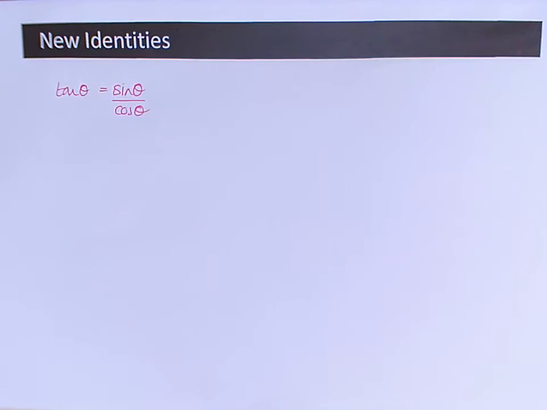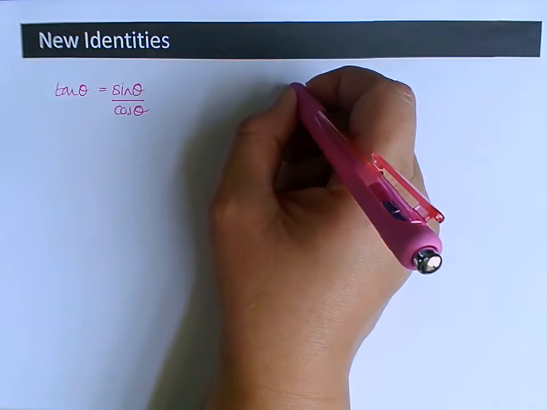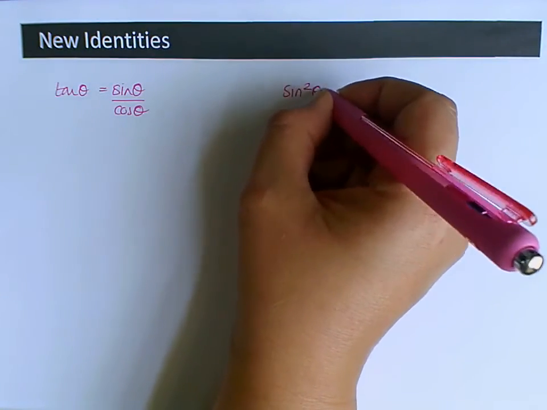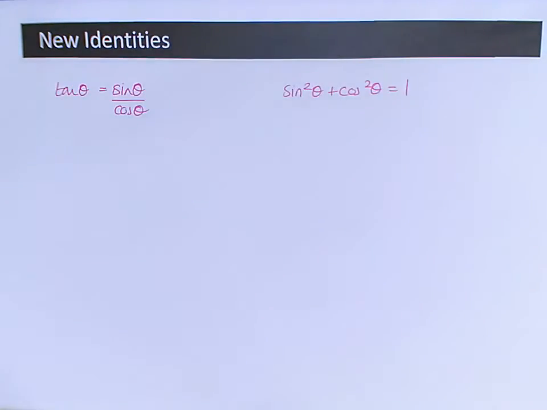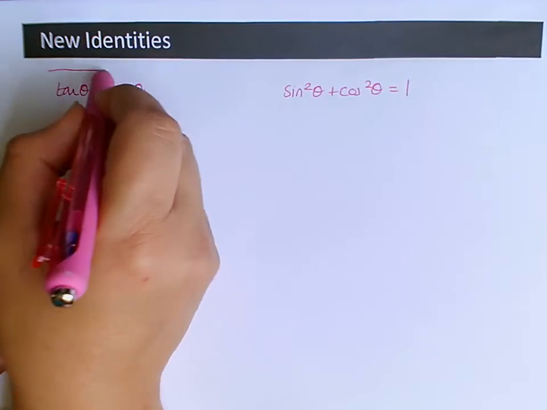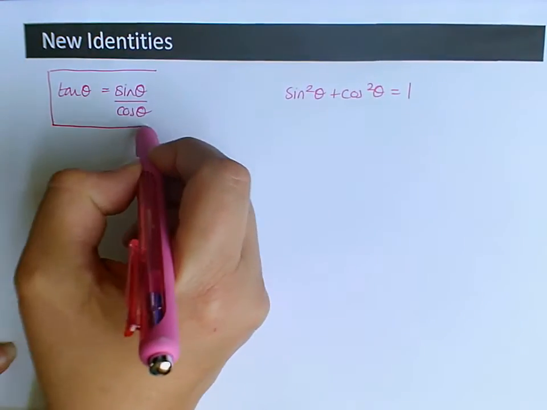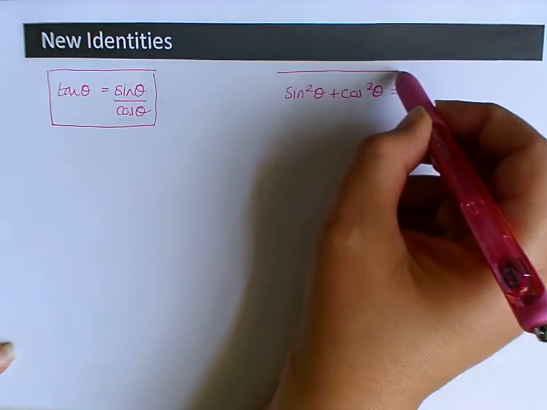So that's one of the trigonometric identities that should be in your common knowledge from AS. And the second is sine squared theta plus cos squared theta equals 1. So you have two identities which you know, and these aren't in your formula books.